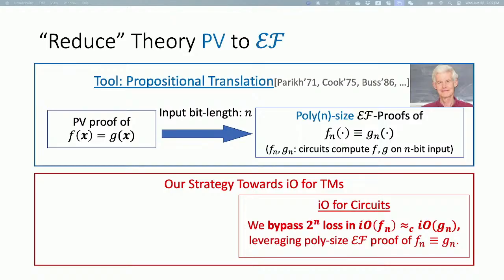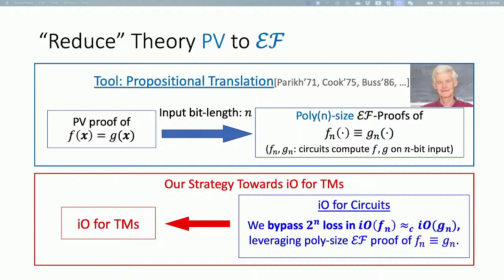In fact, the input length loss we mentioned earlier also applies to circuits, and the iO for circuits case is the core of the problem. Once you overcome this barrier in circuits, then you can lift the same idea to build iO for Turing machines. In the rest of this talk, I'm going to mainly focus on how to build iO for circuits bypassing the input length loss. At the end of the talk, I'm going to show you briefly how you lift this idea to build iO for Turing machines.